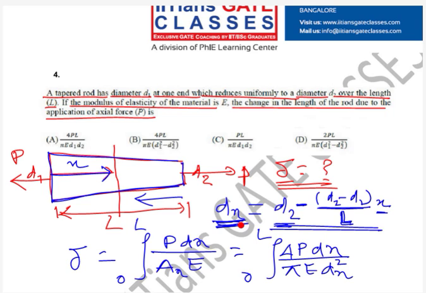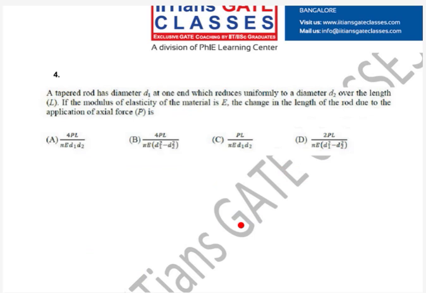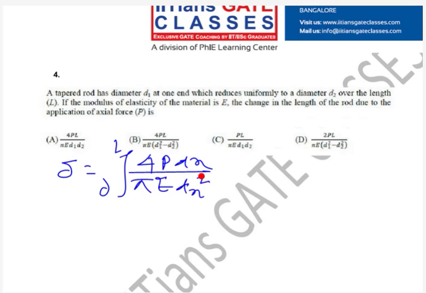Okay. Now what is my delta? It is the integral from 0 to L of 4P dx upon pi E dx square. And what was your dx? My dx is D2 minus D1 upon L into x.